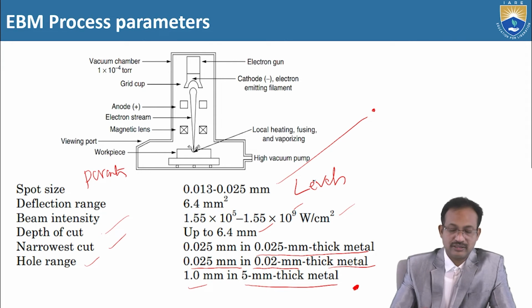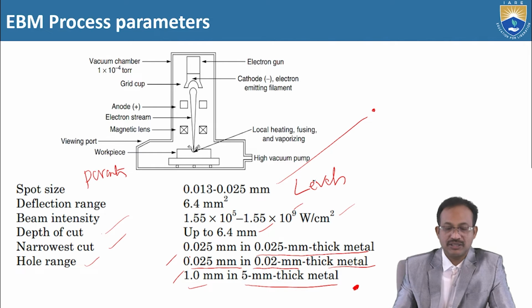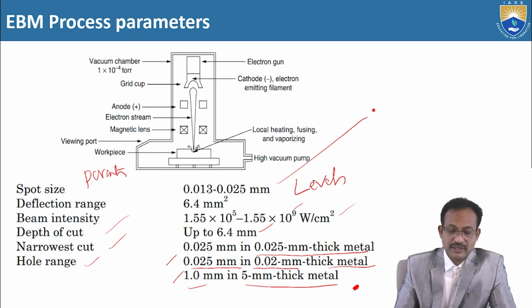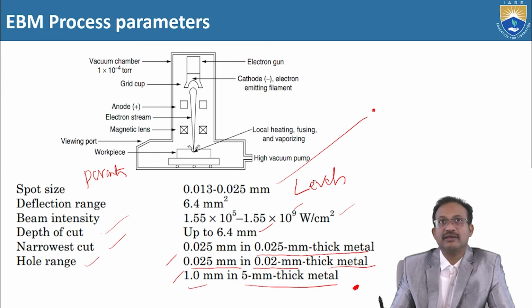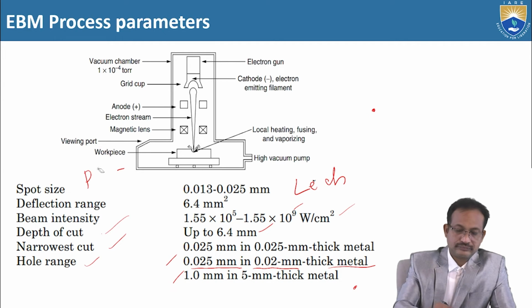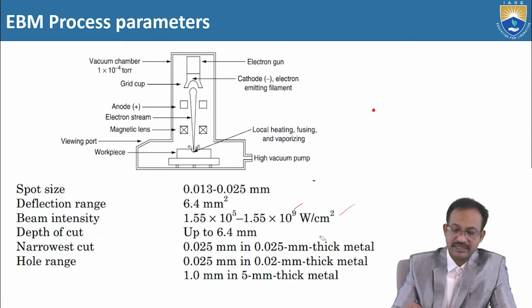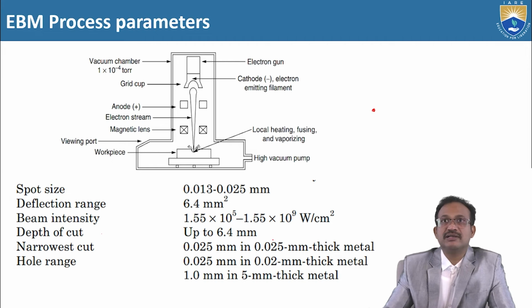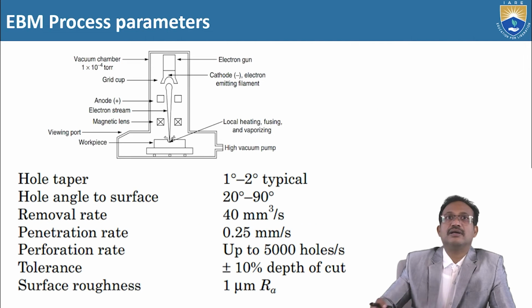So spot size, deflection range, beam intensity, depth of cut, narrowest cut and hole range are given with different levels.